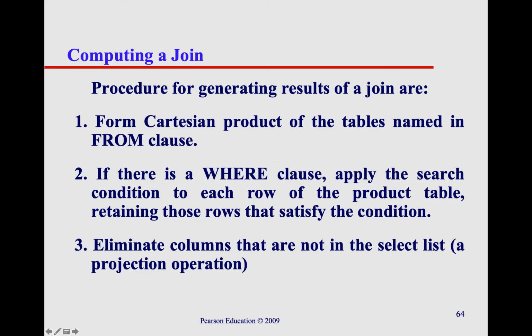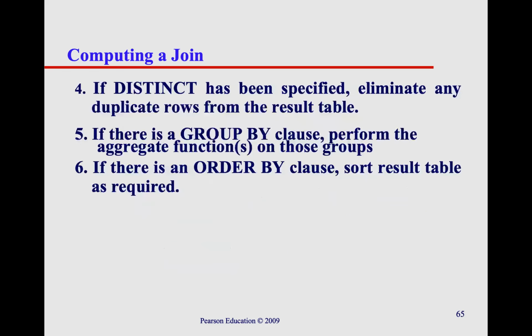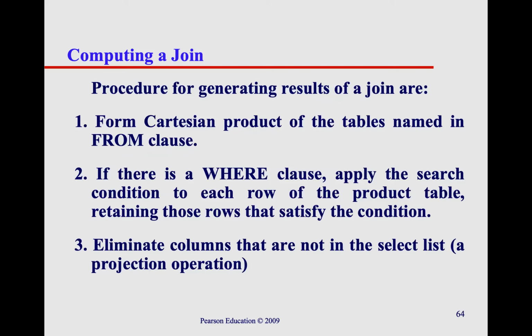So you probably, in practice, do steps 2 and 3 before you do step 1. And you probably also do step 4, removing any duplicate rows. So you probably do steps 2, 3, and 4 before step 1, but the theoretical mathematical way of doing it is this way.